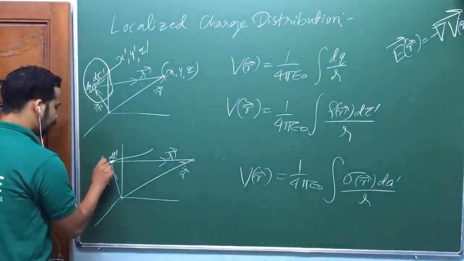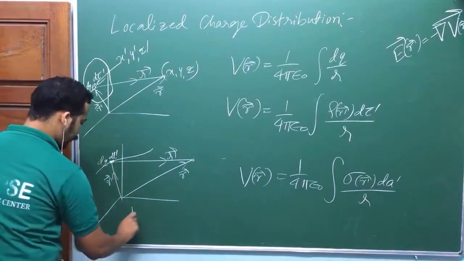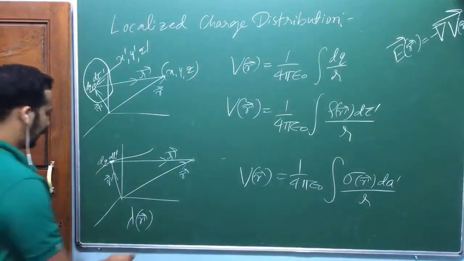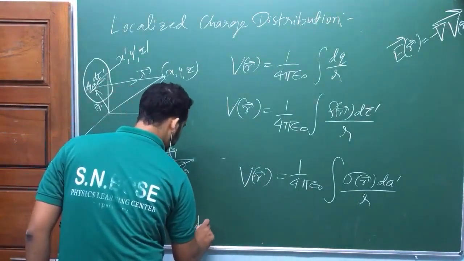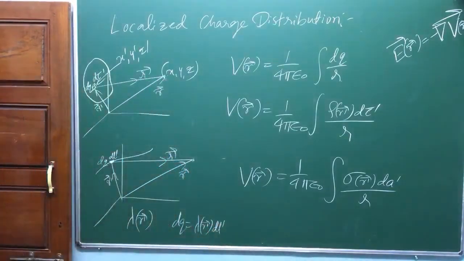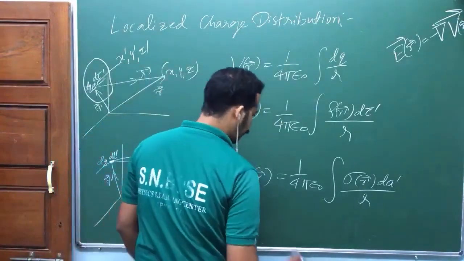This is dq. And what you can do, you can define lambda of r prime, am I right? Line charge density, isn't it? And dq, you can write as lambda of r prime into dl prime, isn't it? Charge per unit length.